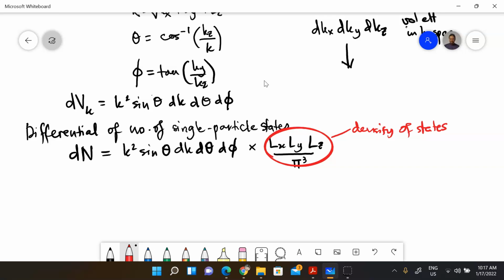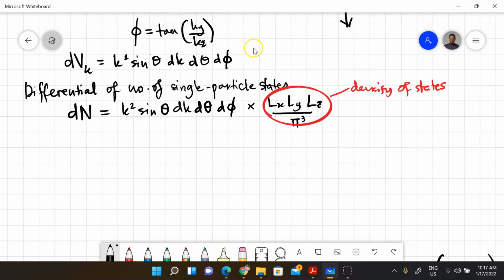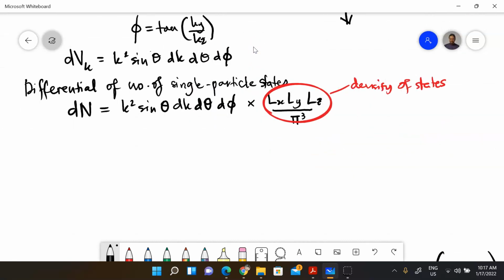Given that, what we want to do next is to simplify this expression by integrating out your angular variables. So let me push this thing up. Simplify by integrating angular variables.